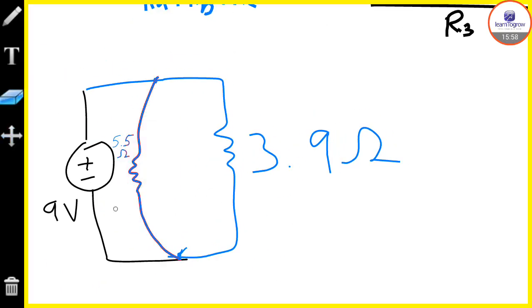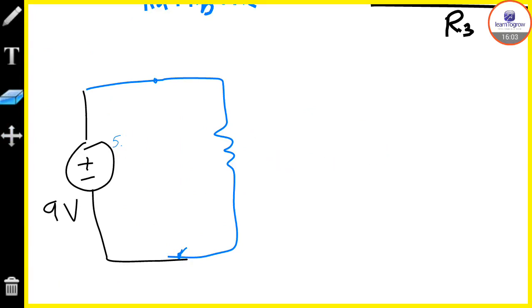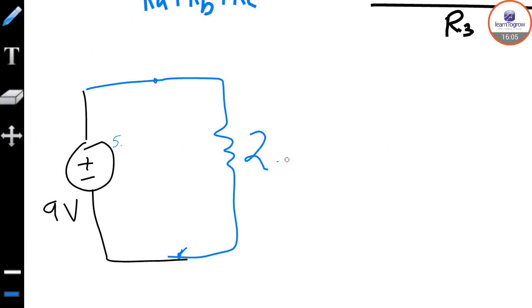We have successfully gained our equivalent resistance. It is 2.3 ohm. This is our equivalent.